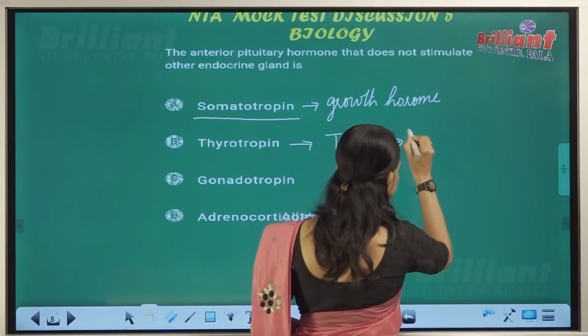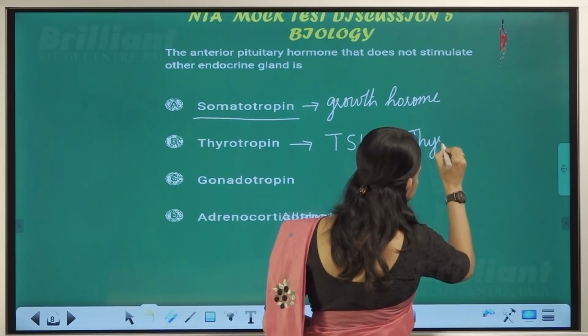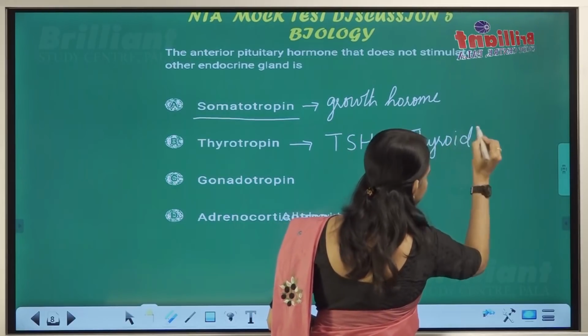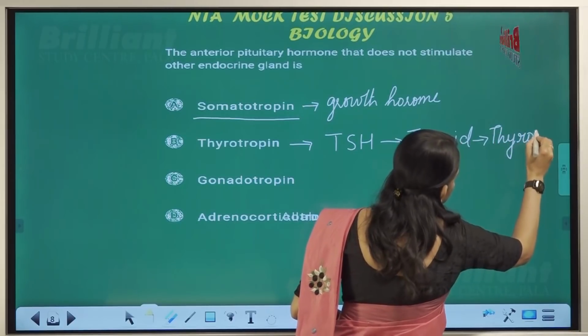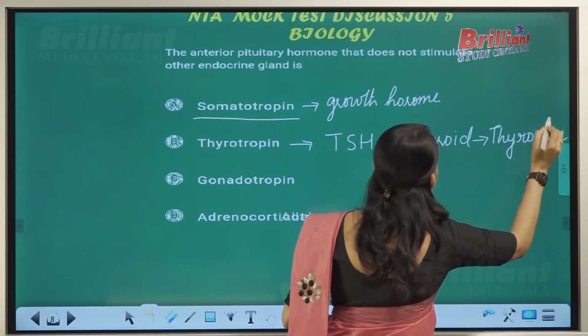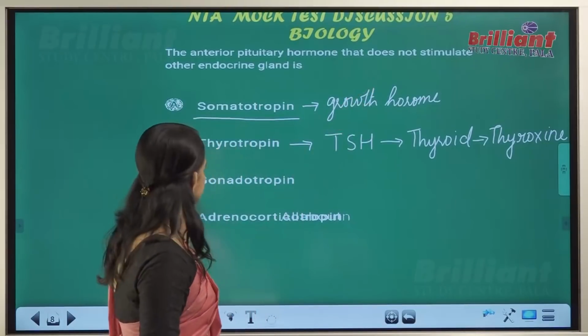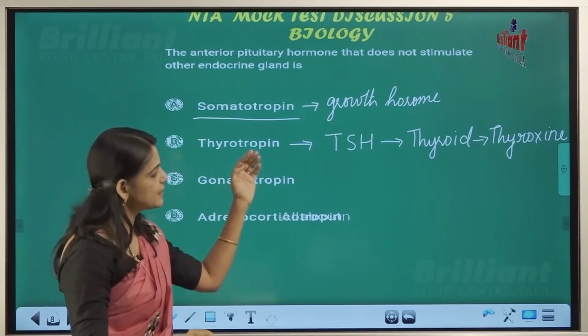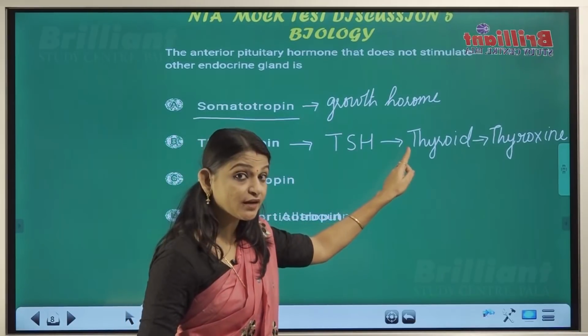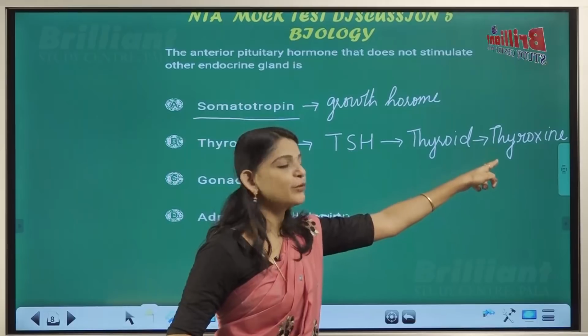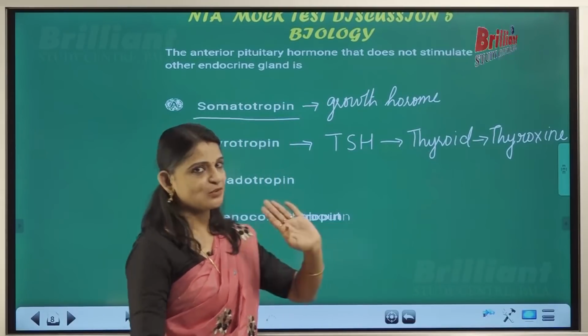So it stimulates the thyroid gland for producing thyroxine. They are asking which does not. So TSH or thyrotropin, it is thyroid stimulating hormone. It stimulates an endocrine gland, thyroid, for secreting thyroxine. That is not the answer.